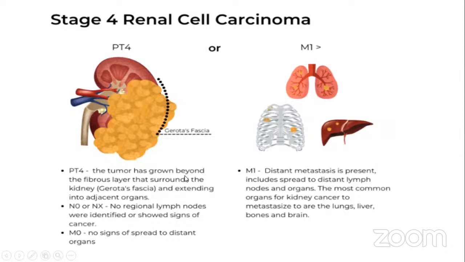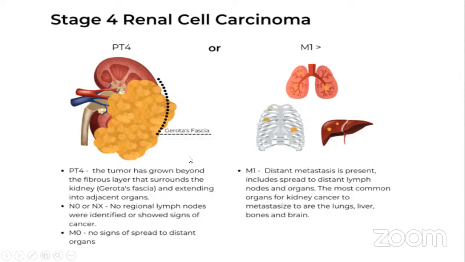T4, the tumor is beyond the fibrous layers that surround the kidney, Gerota, and extends into adjacent organs. NX, no regional lymph nodes, N0, no sign of spread. There might be metastasis. Distant metastasis is known as M1, but not with T4.